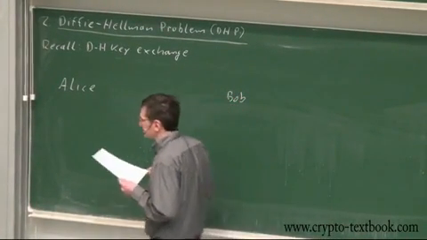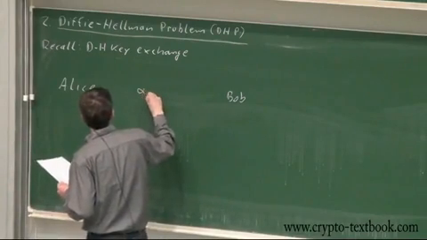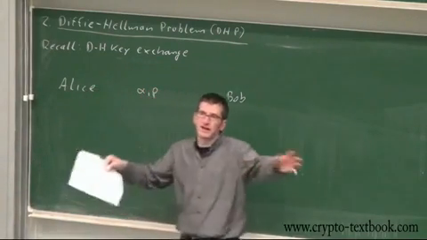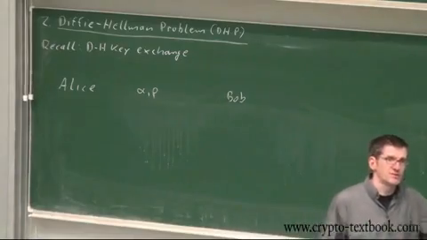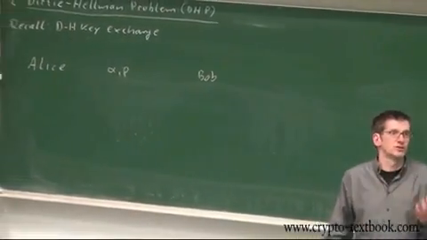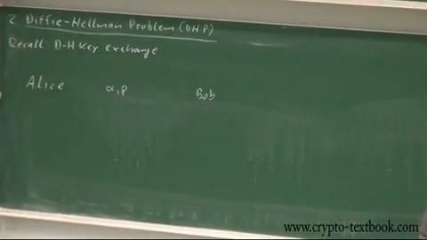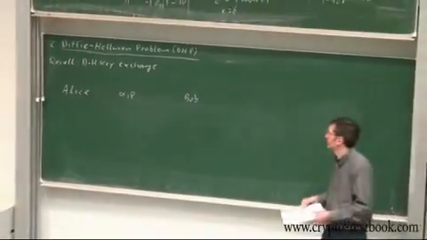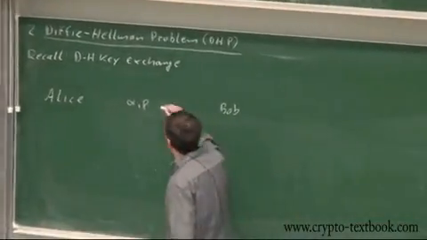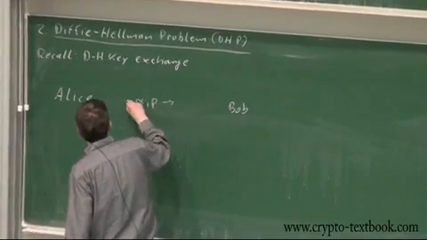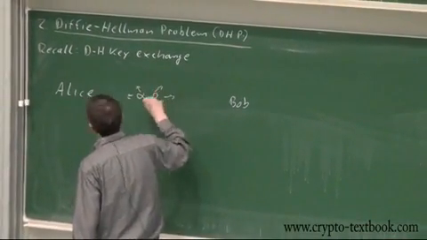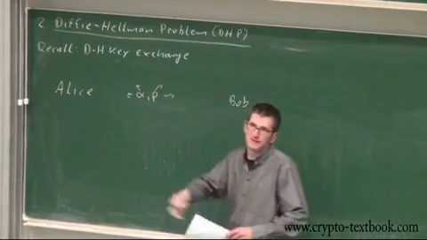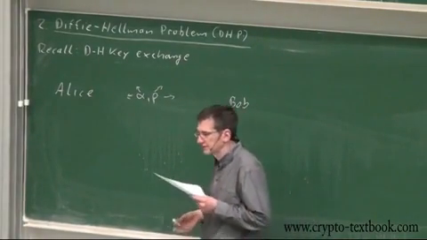Alice and Bob. We have alpha and p, which are often called the domain parameters, so they are shared by the whole community. This is much more than just a public key. This is shared by everyone. So we have alpha and p, which are on the web, in databases, everybody knows that.